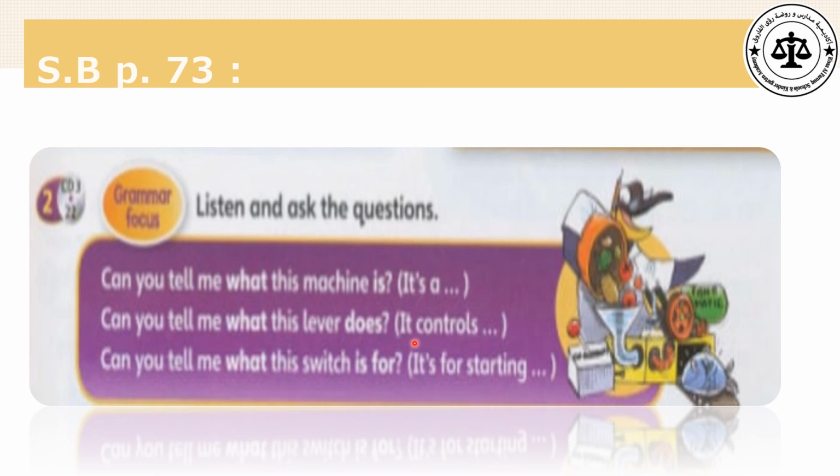We can start with it controls and so on. The last one, can you tell me what this switch is for? So we have to answer with it's for and so on, the function of this switch. As we see in the dialogue, it's for starting the wind machine, it controls the temperature, and it's a weather machine, and so on.